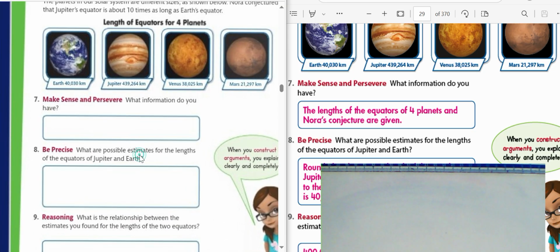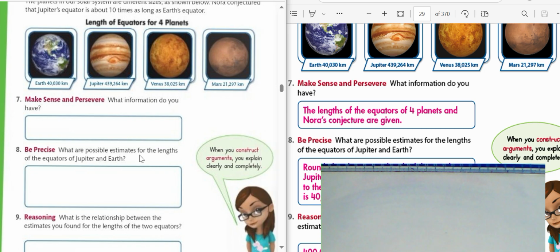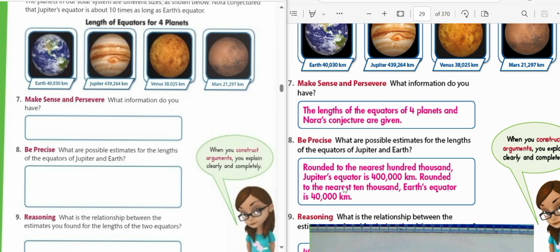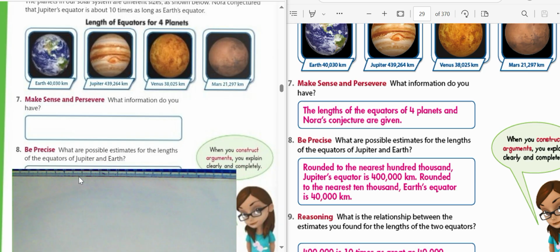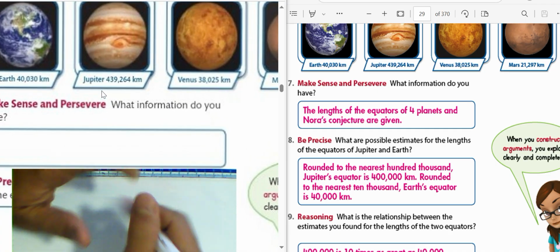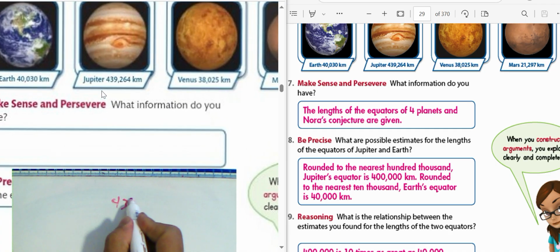What are possible estimates for the lengths of the equators of Jupiter and Earth? We can estimate together here by rounding to the nearest 100,000. This number, if we approximate to the nearest 100,000, will be 400,000 kilometers. He asked about Jupiter and Earth. Look here. Where is Jupiter? Jupiter here, 439,264.